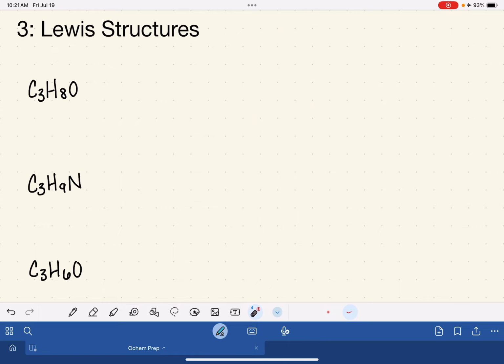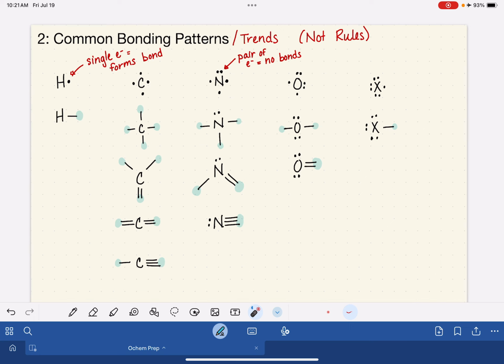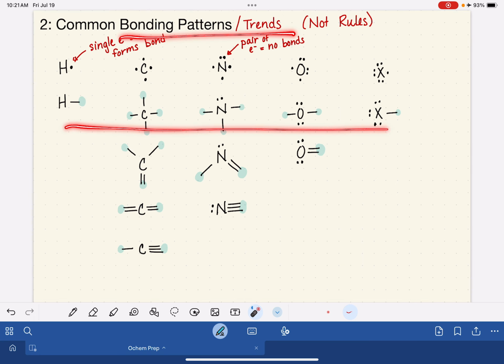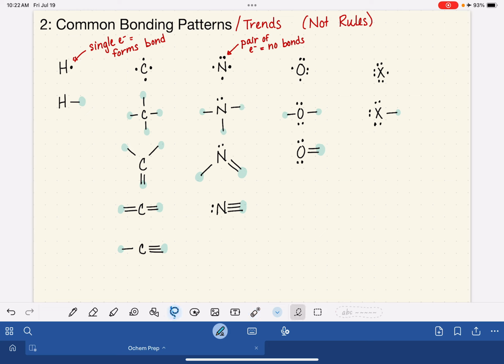In my previous video, I talked about common bonding patterns for the atoms that we typically see in organic molecules. Because the atoms in organic molecules follow these really common bonding patterns, it makes it really easy for us to draw their Lewis structures without going through all of those steps that we had to use in general chemistry.